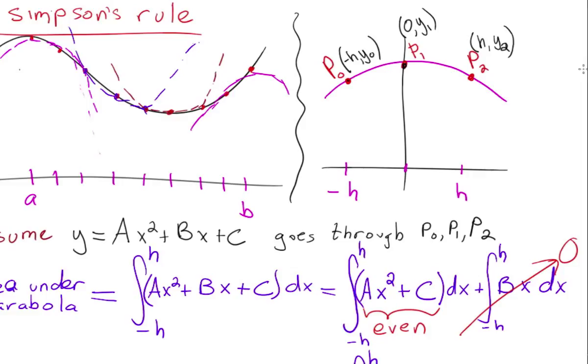Which means that we are able to find the x values at different points, and we're able to find the y values at different points, right? So that's what we have. So what we want to try to do is relate what we just found to the values that we have here, the y0, y1, and y2, right?